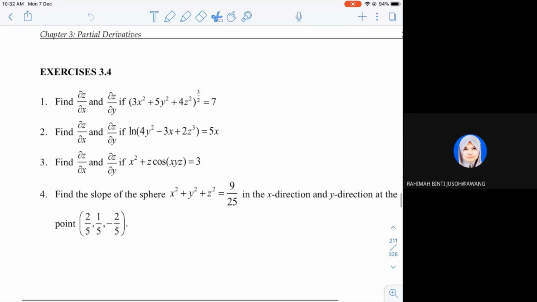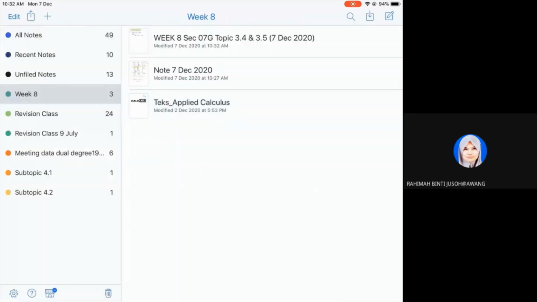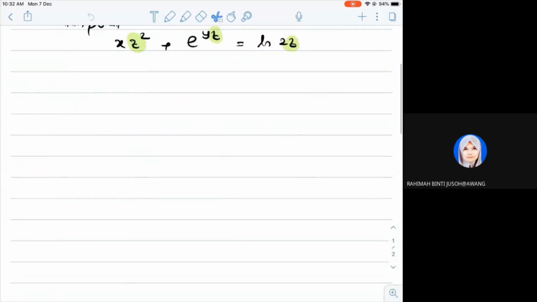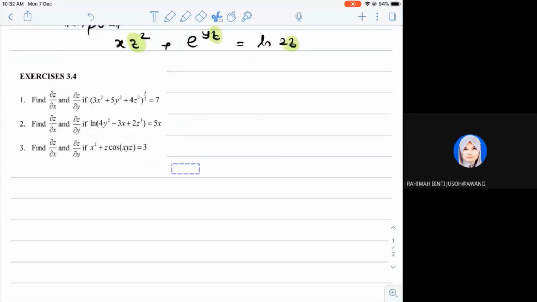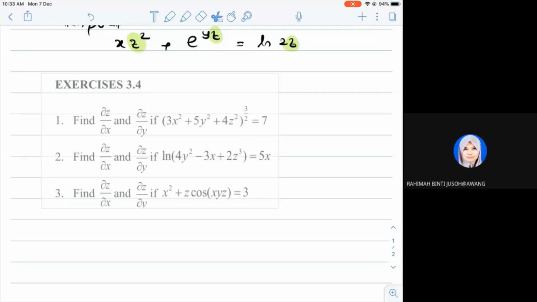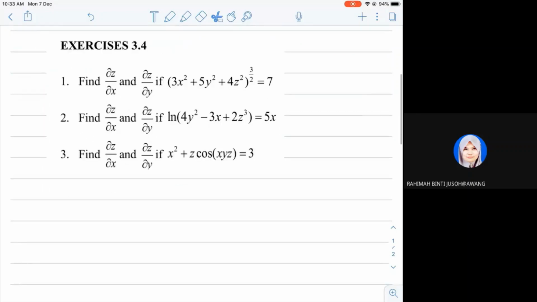Actually there are two methods. Let us focus on question number 1 first. Solution.